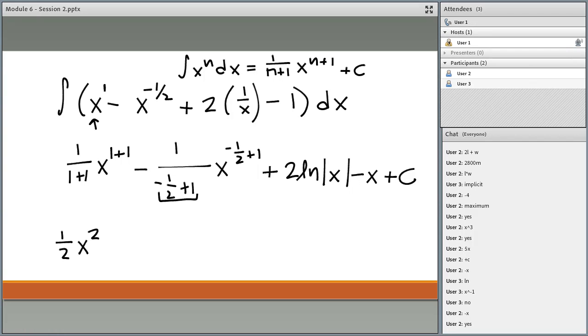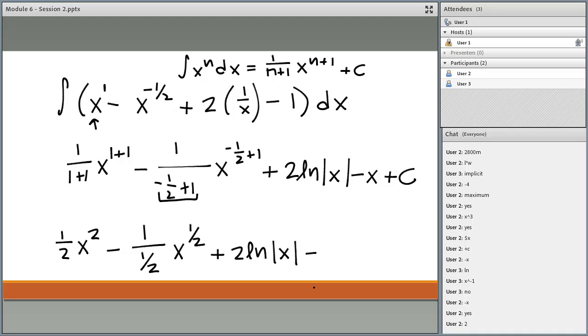Over here, I have negative 1/2 plus 1 in the denominator. Negative 1/2 plus 1 is positive 1/2, so I have 1 over 1/2 x to the 1/2. And I do want to simplify the complex fraction. What is 1 over 1/2? Good, it's 2. So I will just switch that in the next step.